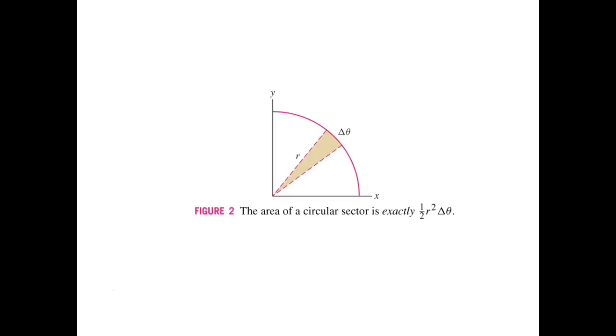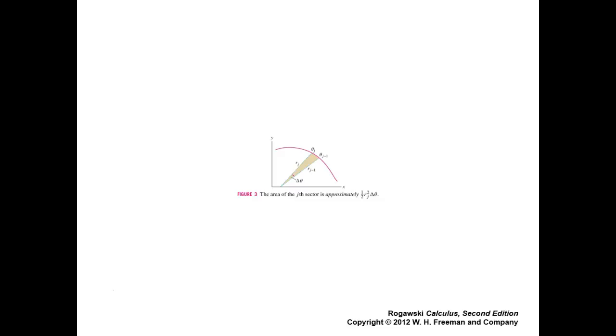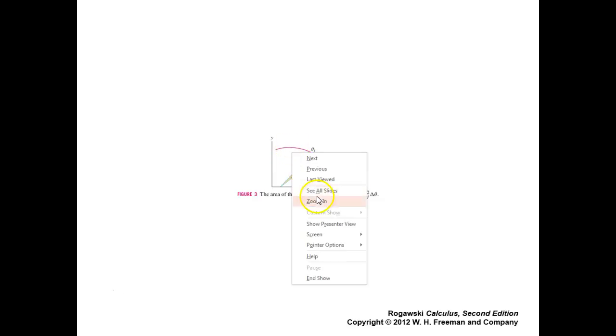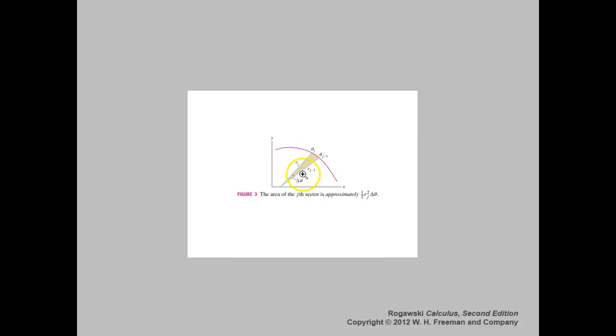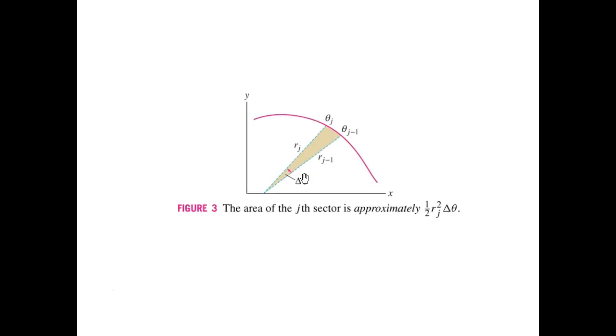Well, going back to the previous thing, here we have gone back there. And you're going from theta sub j minus 1 to theta sub j. So this is your delta theta there.